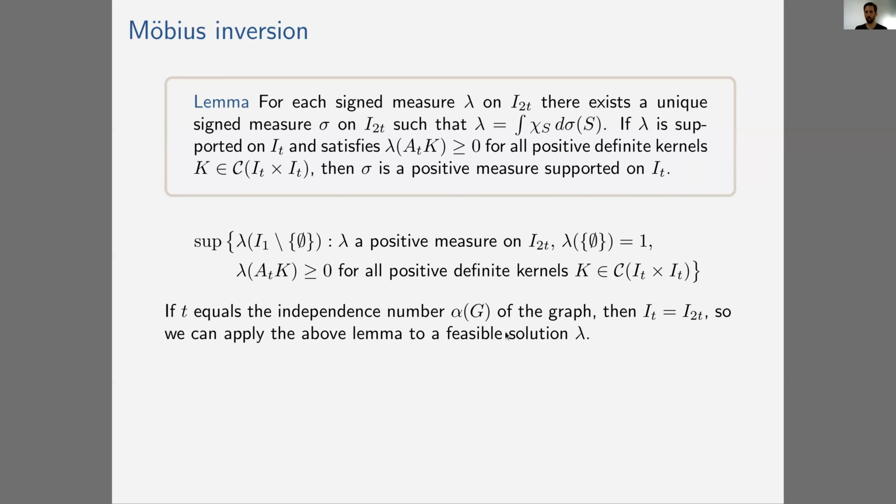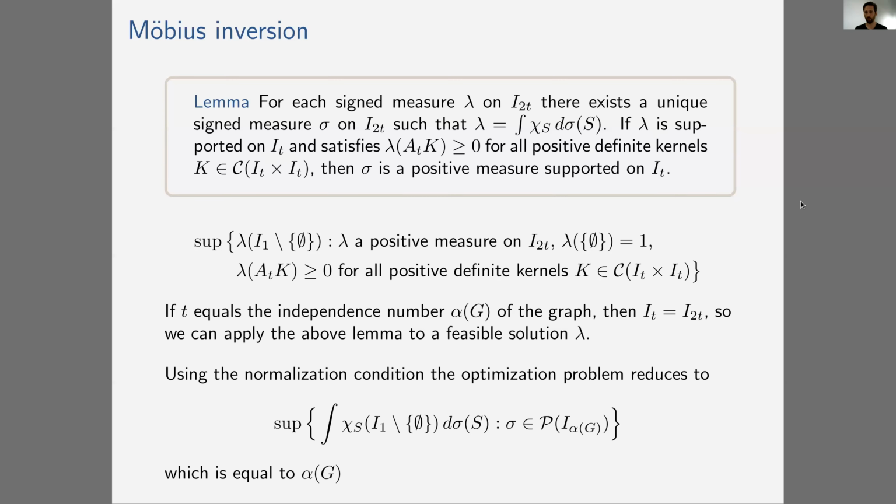By definition, lambda is supported on I sub 2t, but this is the same as I sub t, which means that lambda is supported on I sub t, and we can apply the lemma. If you also use the normalization condition, that lambda at the empty set is 1, that shows then that sigma is a probability measure.